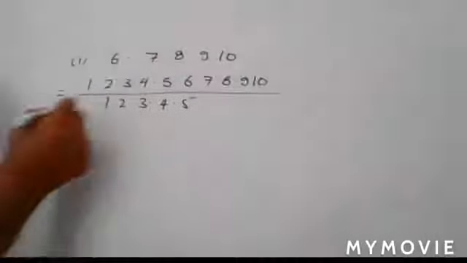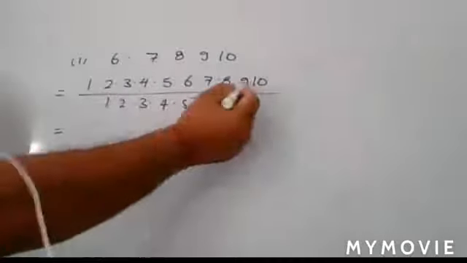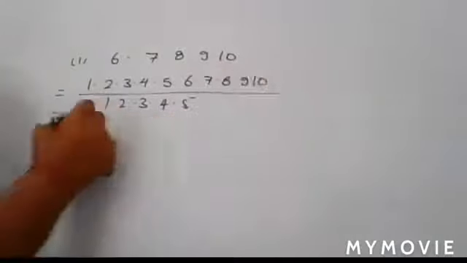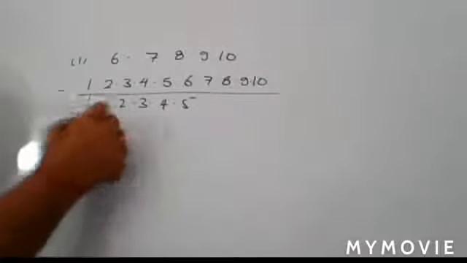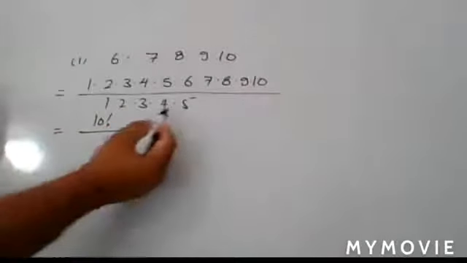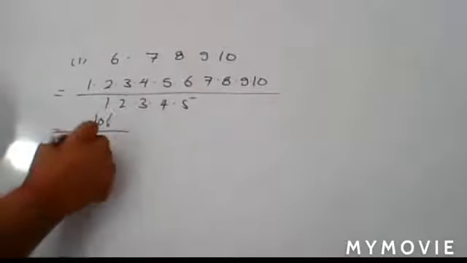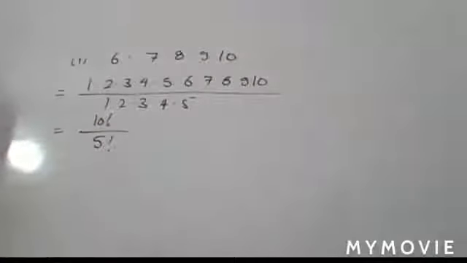So your numerator becomes the continued product up to 10, which can be written as factorial 10. And in the denominator, you have the continued product up to 5, which is equal to factorial 5. So factorial 10 upon factorial 5 is your answer. So that is represented in the form of factorial notation. Okay?